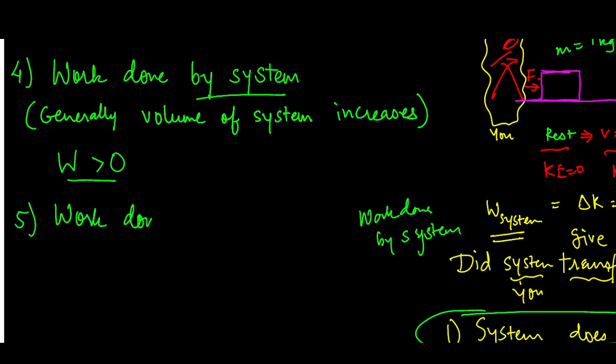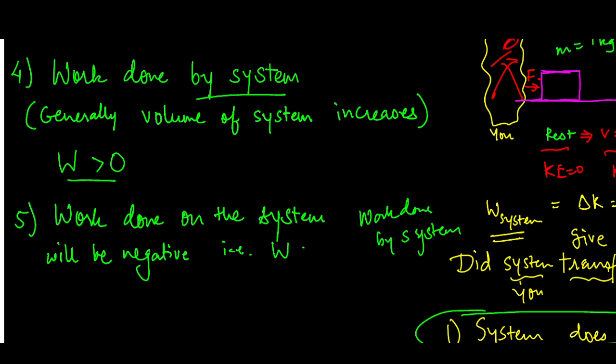Work done on the system will be negative. That is, whenever this happens, W on its own will be negative. You will not have to consider it negative, automatically it will be negative. Do you understand? Automatically it will be negative, right?